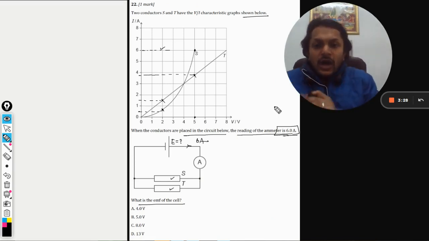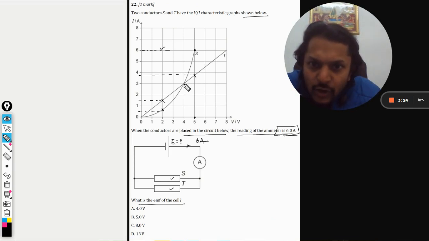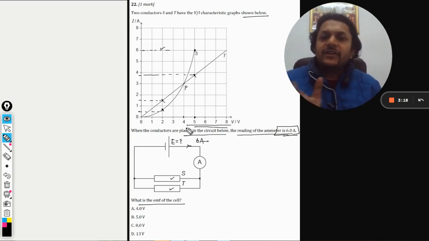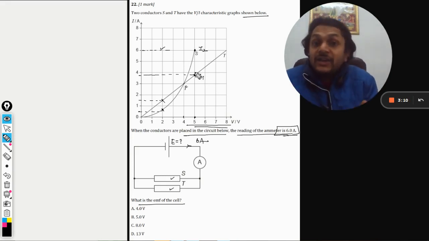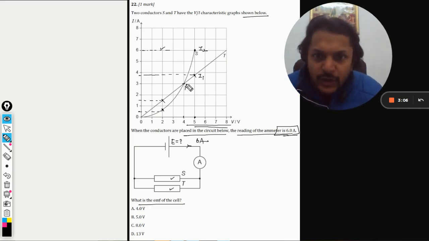Now, how are we going to think now? Let us call this point as P. If we take that the voltage is more than this point, like we are in that region, whatever be the current, let us call this I1 and this I2, the sum of I1 and I2 will definitely be more than 6. Why? Because at this point it is 3, so 3 plus 3 is 6.